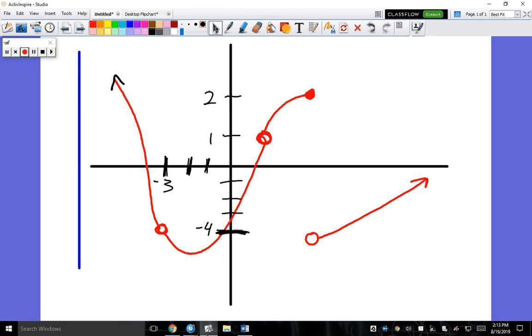Negative infinity, right? Way over here, it exists because this will go up forever, to the left and up. So we're going to say the domain is from negative infinity, parentheses, and it's beeping because those arrows show that it will be beeping as you go to the left.